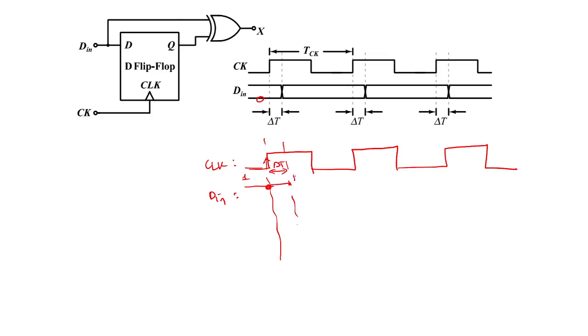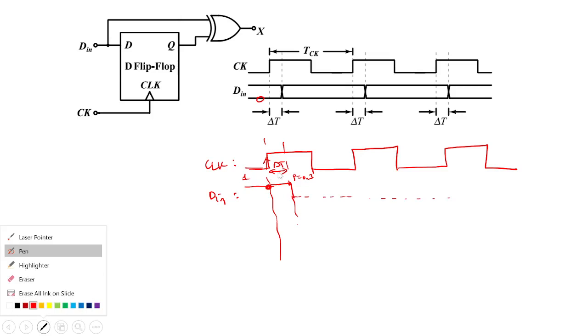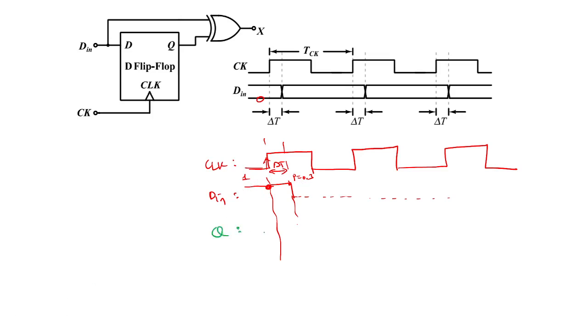Here I'll assume the same probability, 0.3 times it will fall. This is the probability with which we change, so if you assume from 0 to 1, then assume from 1 to 0. Then what will happen to Q? Whatever the value earlier, 0 or 1, at this point D is equal to 1, so Q will be 1, and then continue.